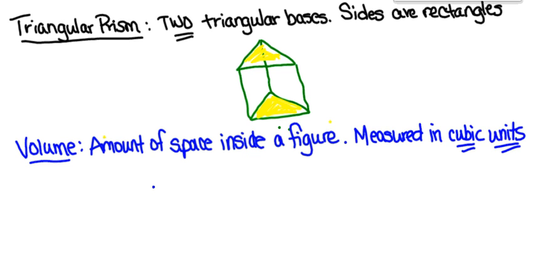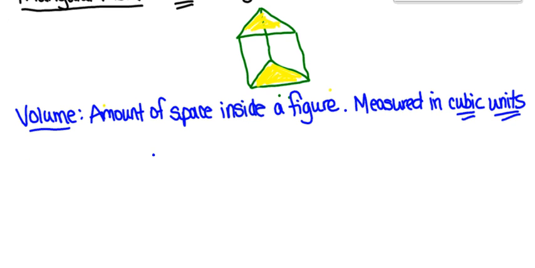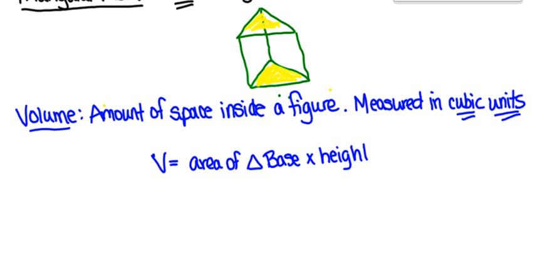And in order to find the volume of our triangular prism, we're going to use a formula. So volume is equal to area of the triangular base, and I'm going to represent triangular by doing a little triangle, times the height of our prism.